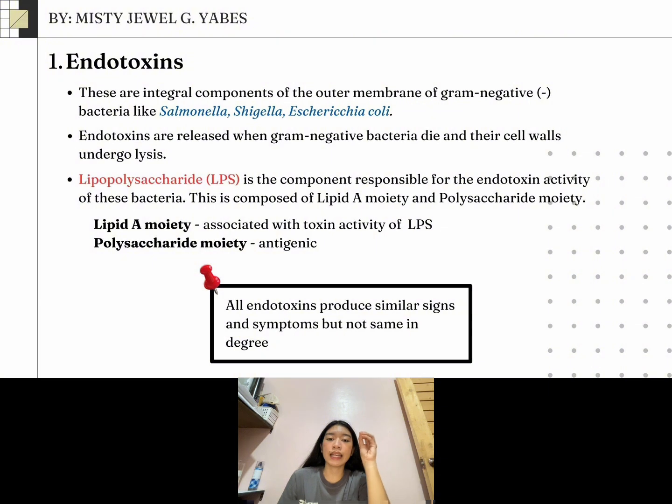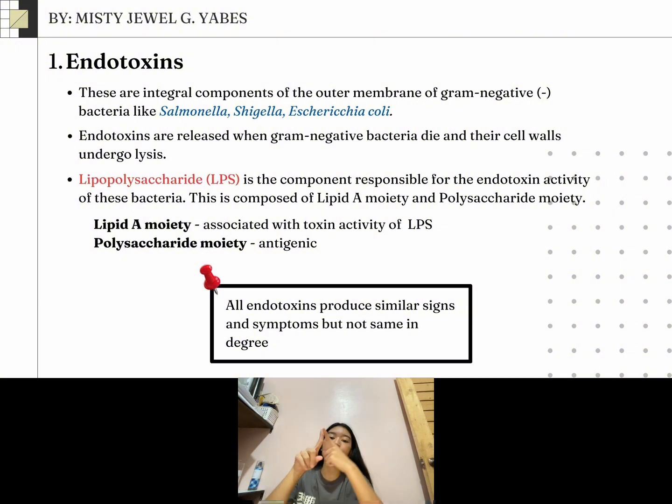So, ang ating LPS or ang ating lipopolysaccharide ay na composed of lipid A moiety at saka ang ating polysaccharide moiety. Ano ulit yung dalawang nagko-compose sa ating lipopolysaccharide or ang ating LPS? First is our lipid A moiety and ang second ay ang ating polysaccharide moiety.